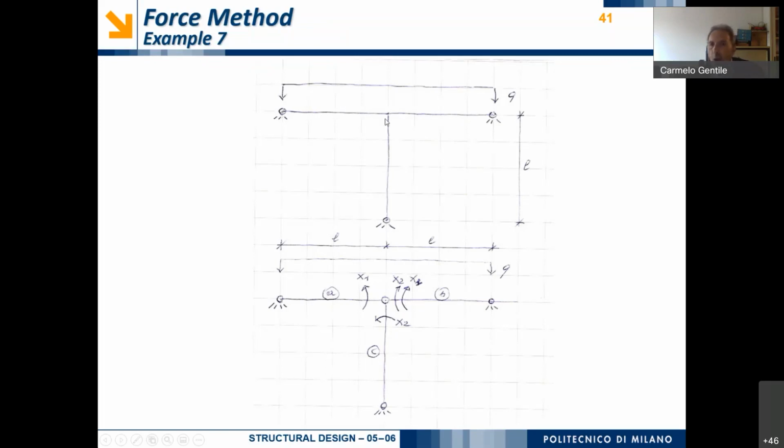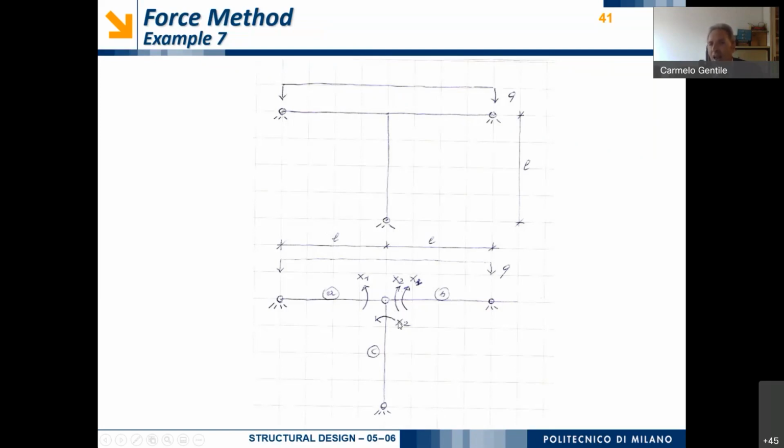But when we apply this internal hinge, we are also applying an internal hinge between, for example, the right-hand side beam and the vertical column. And so we have to apply a second redundant bending moment that is denoted as x2.